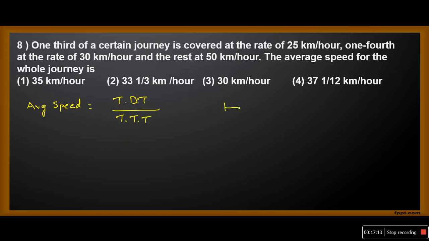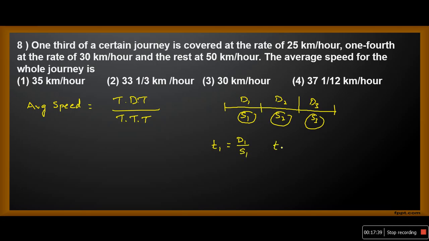Now here the journey is divided into 3 parts. These are D1, D2 and D3, 3 distances, and speeds S1, S2, S3 are given. Then time T1 is equivalent to D1 by S1, T2 equivalent to D2 by S2, T3 equivalent to D3 by S3.